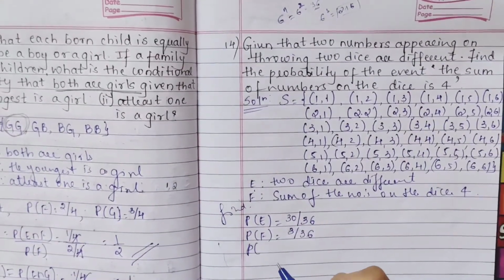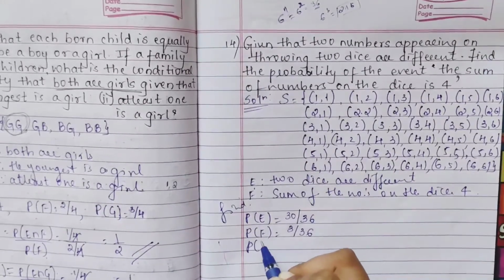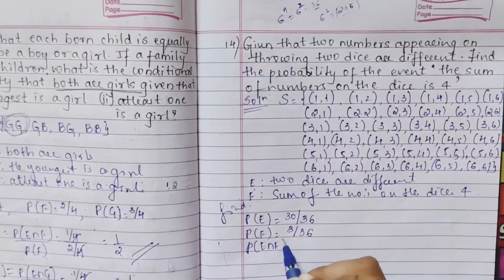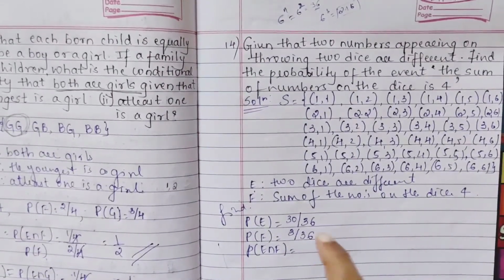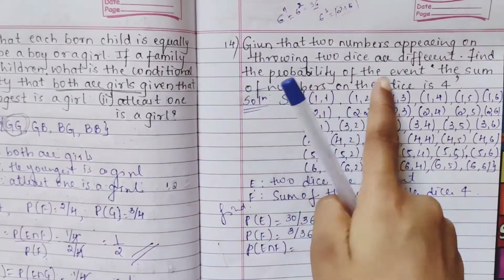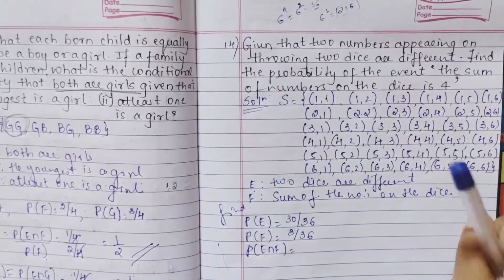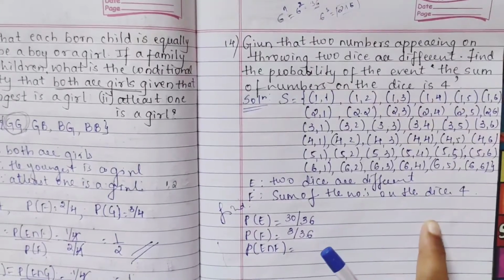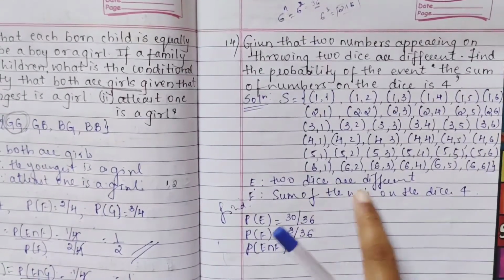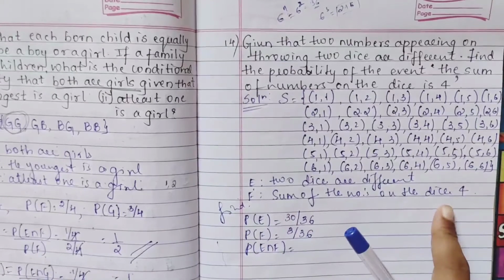They are telling you to find this only. You need your intersection, right? E intersection F, what will you get? Two dice are different and the sum should be 4. Different dice and the sum should be 4. In this, how will it be? Two dice are different, the sum of the numbers on the dice is 4.